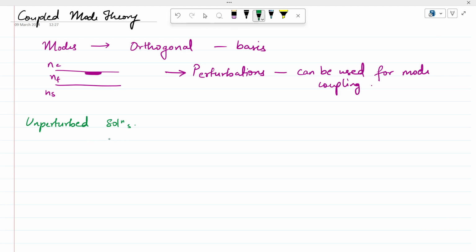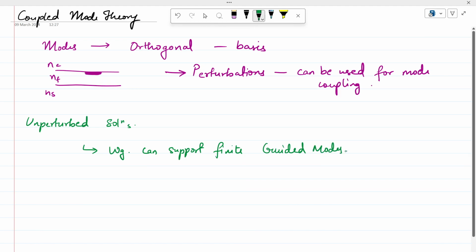In the unperturbed case, a waveguide can support a finite number of guided modes and an infinite number of radiation modes.